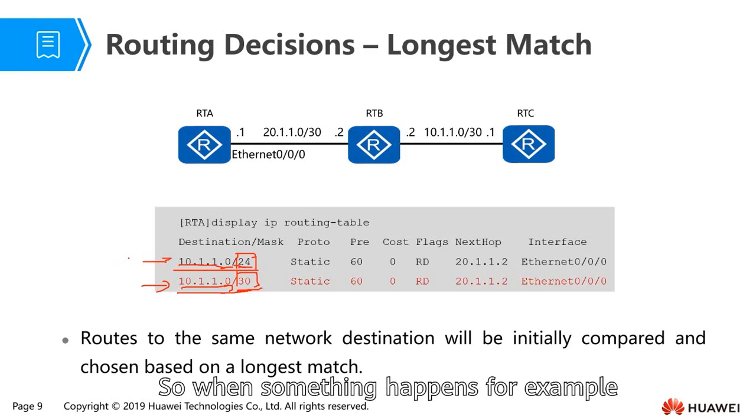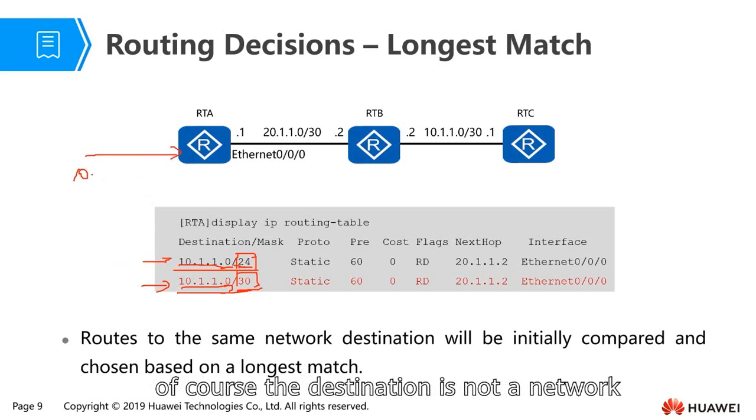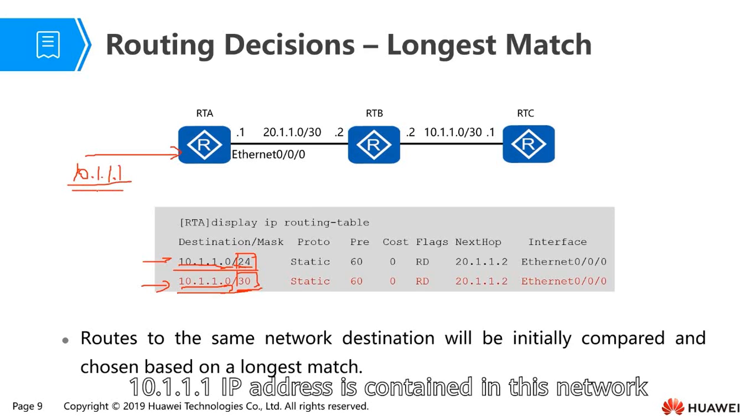So when a packet is going to a destination, of course the destination is not a network, it's an IP address, 10.1.1.1. You can see the 10.1.1.1 IP address is contained in this network, right?